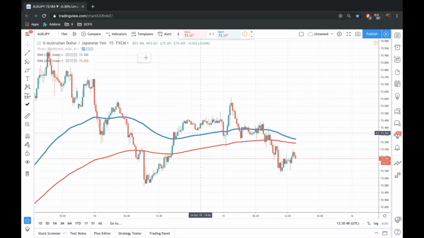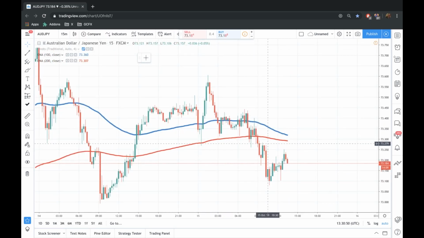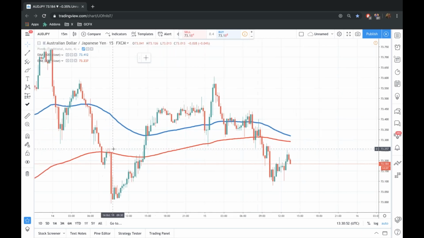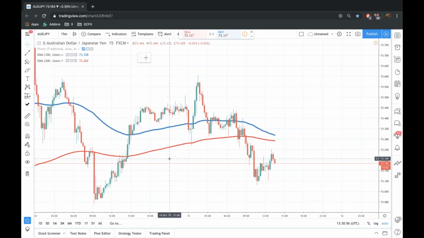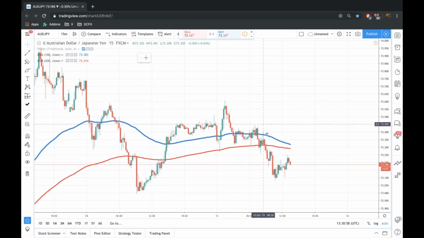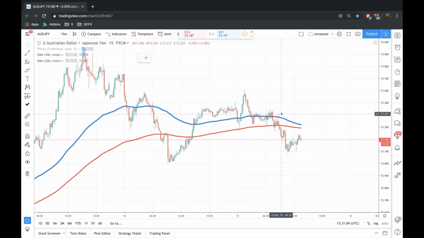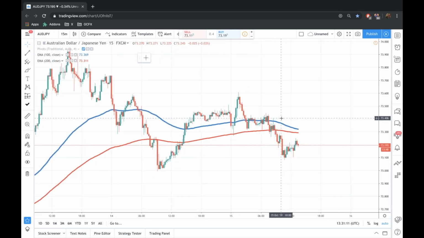I like to use the 15-minute chart, and then you can see, so price was around here this morning, and I was expecting sellers back into this region, that region, and stops above the high here. Okay, that's what I was expecting for today.